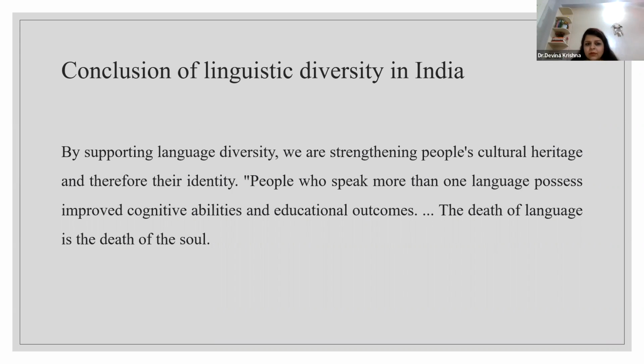So, linguistic diversity is a part and parcel of the diversity of life in nature and culture. Any loss in linguistic diversity is a loss in the vitality and resilience of the whole web of life. And the high linguistic diversity is because of several human migrations from various parts of the world. And of course, migration is a very important factor, adapting and adopting the local population and its languages.